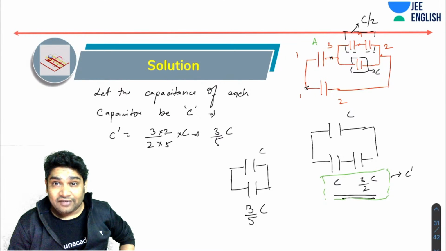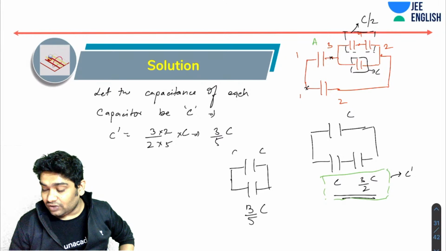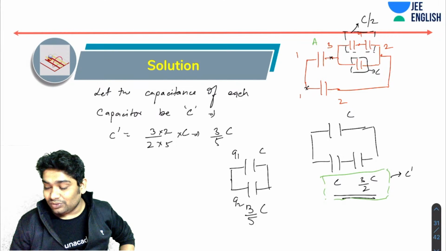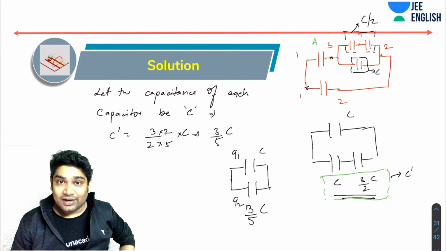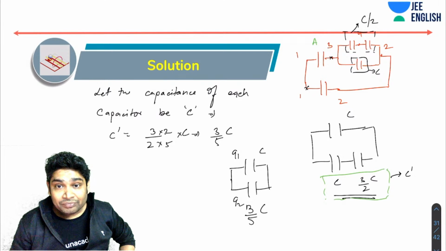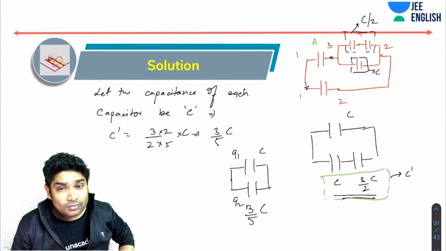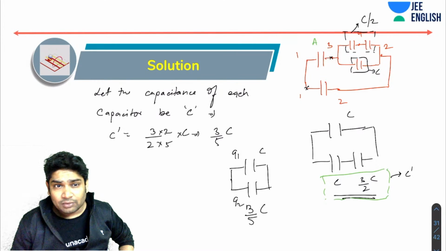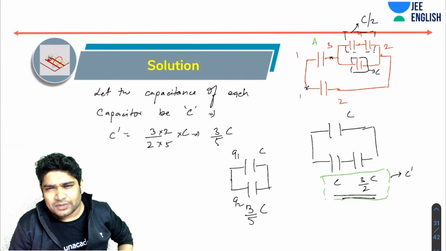So finally, if the charges are Q1 and Q2, then what I know is that, okay, we will come to that. Let's see. Potential drop is 3V, okay, 3 volt.